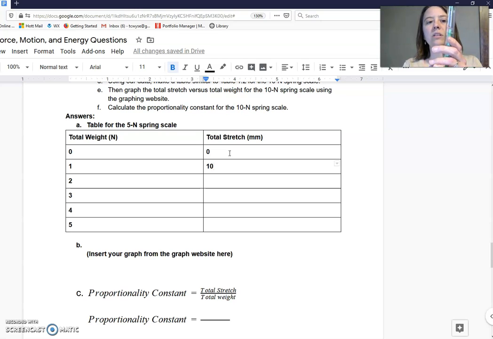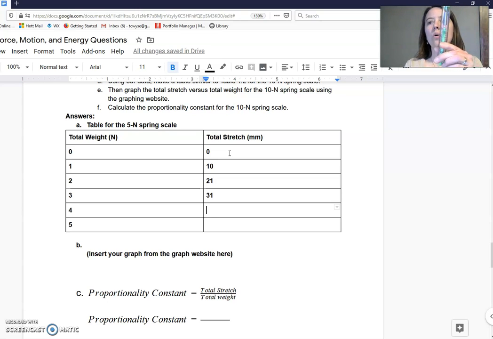And when I pull it down with 2 newtons of force, I get 21 millimeters. When I pull on the spring scale with 3 newtons of force, I get a stretch of 31 millimeters, and I know this because I measured it.